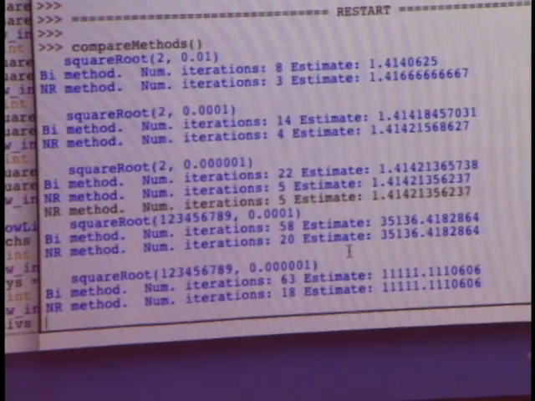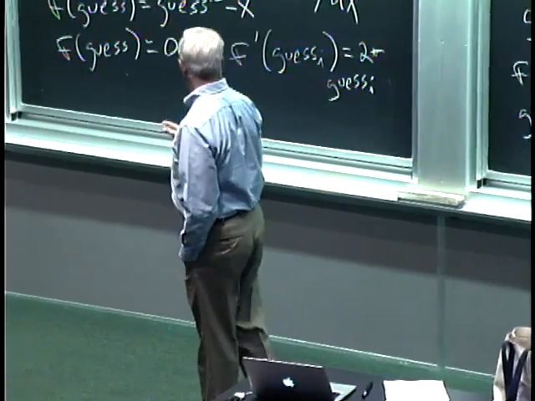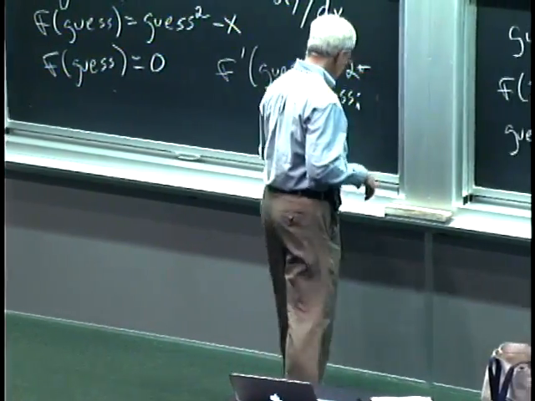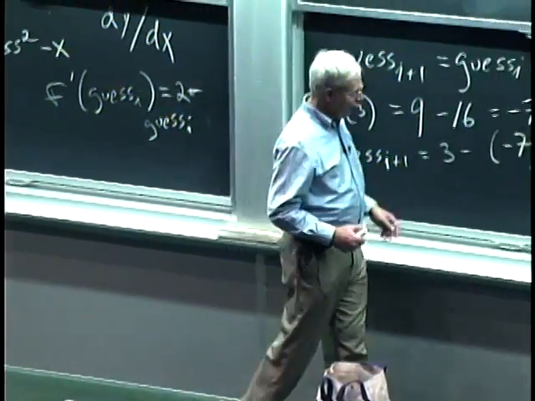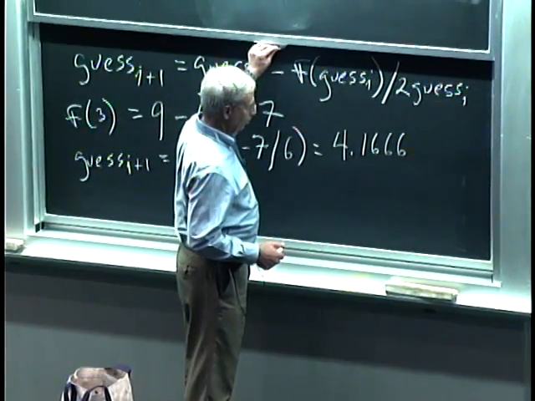This gets back to what I talked about before about the precision of floating point numbers. And the thing I'm trying to drive home to you here is perhaps the most important lesson we'll talk about all semester.